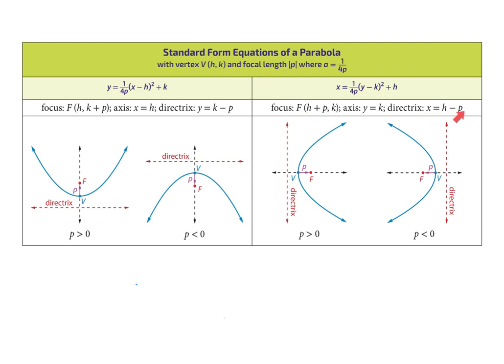The directrix is x = h − p. My axis of this one is y = k. Notice the formula too. We're used to it being (h, k). When the x's and y's are switched, so are my k and my h's, okay? So this is (h, k) like we've always done it. When it is x = a y², my h and k have switched places. So don't let that throw you when we start doing these problems.